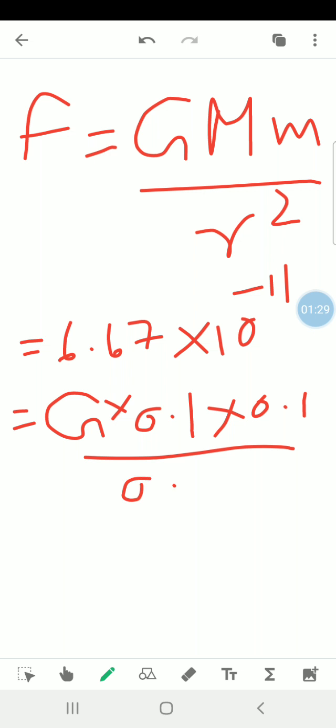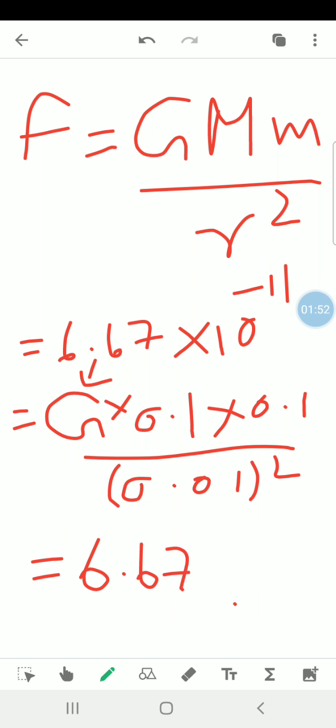Then it is 0.01, and it has to be squared. So now we know the value of G, which is 6.67 into 10 to the power minus 11, multiplied by 0.1 multiplied by 0.1 divided by 0.01 squared.